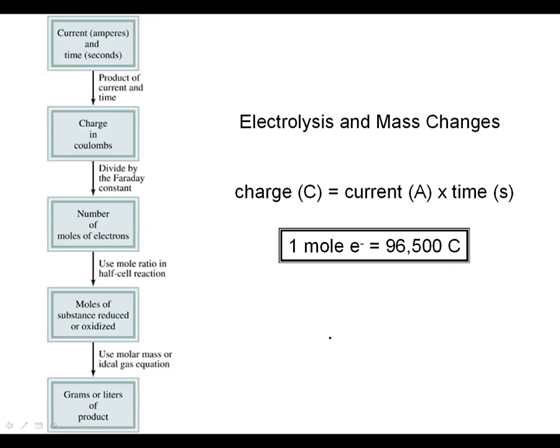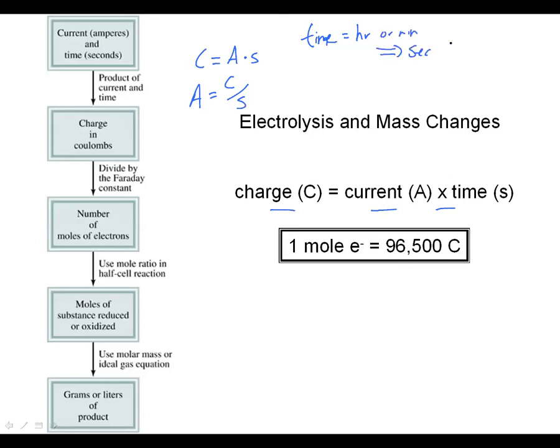And we can use some relationships that we know here. A coulomb is equal to an amp times a second, which means that since they typically give you the amperage, and a lot of times they'll give you how many hours or minutes it ran for, you usually need to convert into seconds.